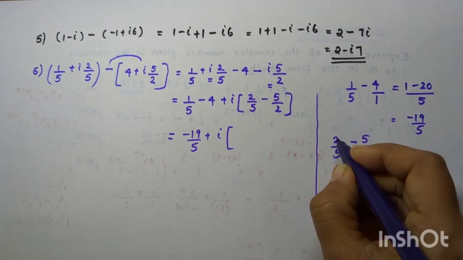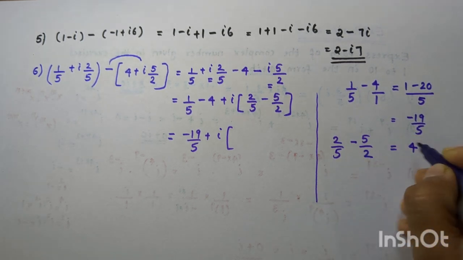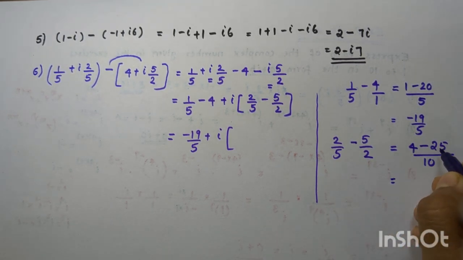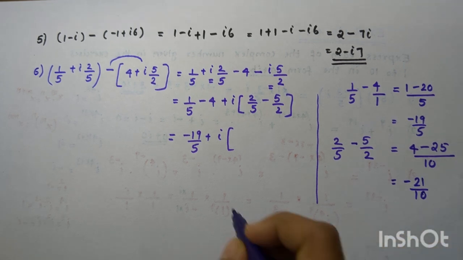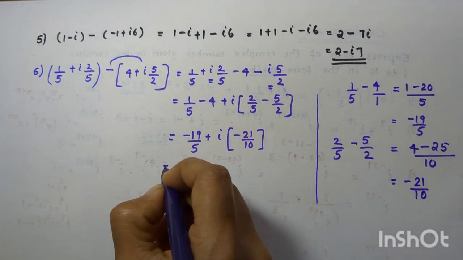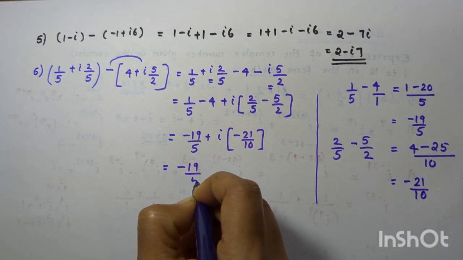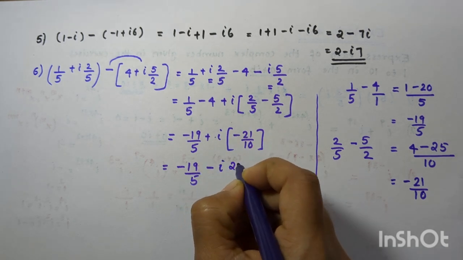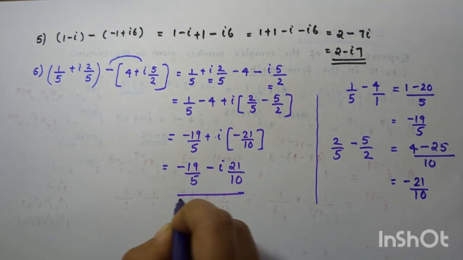Cross multiplication, 2 into 2, 4, minus 5 5s are 25, divided by 5 2s are 10. This will be equal to 4 minus 25 is minus 21 divided by 10, so minus 21 by 10. That is, this is equal to minus 19 by 5 minus i into 21 by 10.